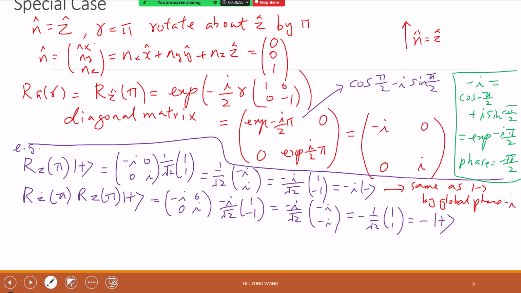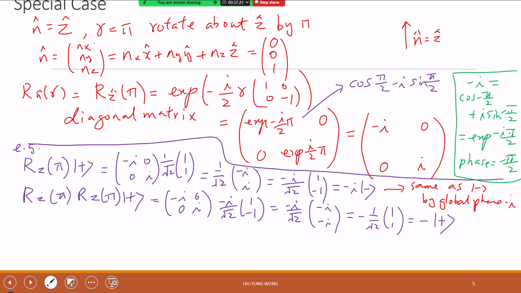But there's something deeper. This is even related to topology. Today I cannot demonstrate, but you will see that in some systems, in real space, you need to rotate by 720 degrees in order to go back to the original state. So that's why this is allowed.